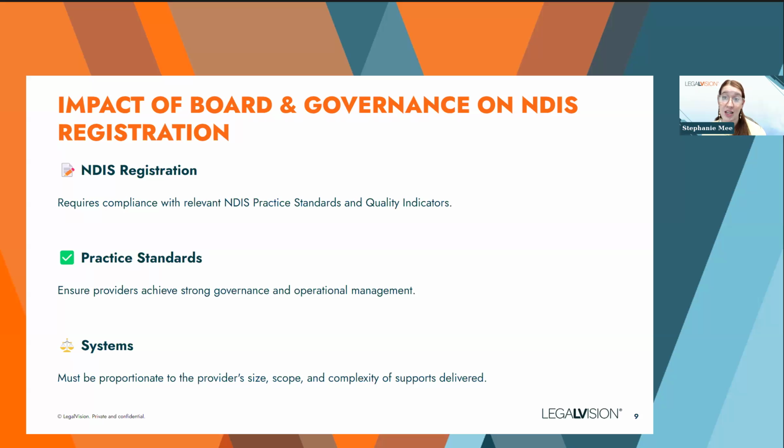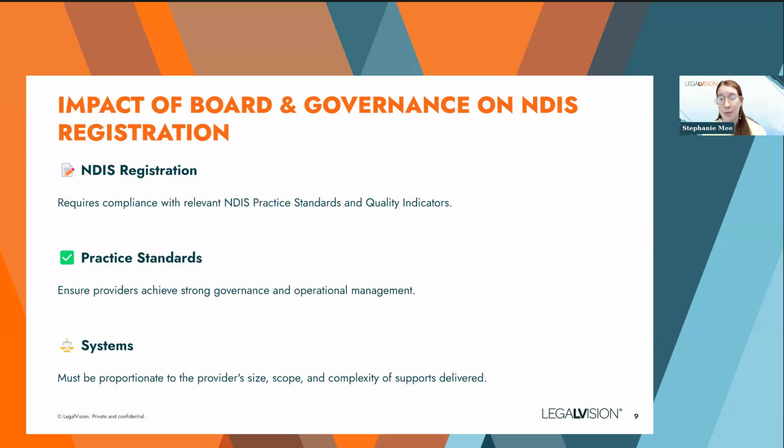So, if you do intend to register with the NDIS, you will be expected to comply with the relevant NDIS practice standards and quality indicators based on your registration group, which is what Joel mentioned earlier. The practice standards set out that NDIS registered providers are expected to achieve certain outcomes for participants.